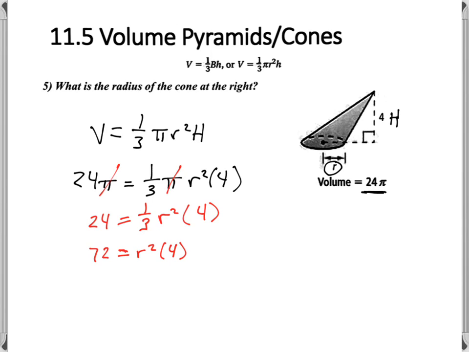We'll divide both sides by 4. We get 18 equals radius squared. And then the last step is to square root the 18. Once we square root it, we get that our radius for this cone should be right around 4.24 units.